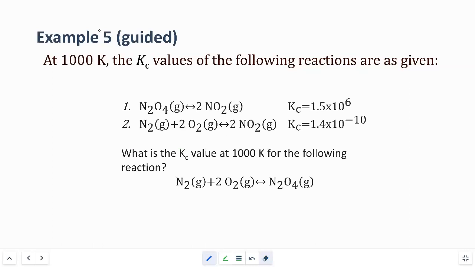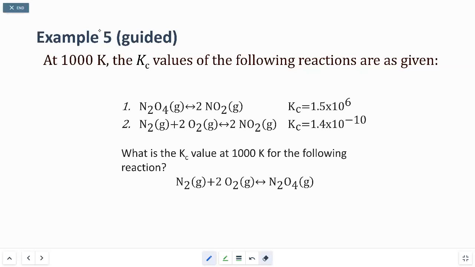Now, those of you with a little bit of familiarity with thermochemistry, whether from high school or from previous experience in the course, are familiar with the concept of Hess's law. Hess's law being the idea that you can manipulate equations, flip them around, multiply them, turn them inside out to get to an equation that you're ultimately interested in. And that's more or less what we're going to be doing here as well.